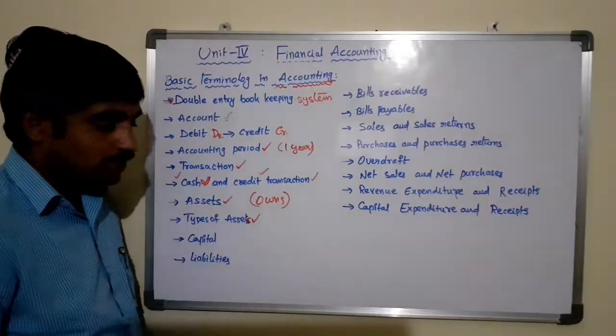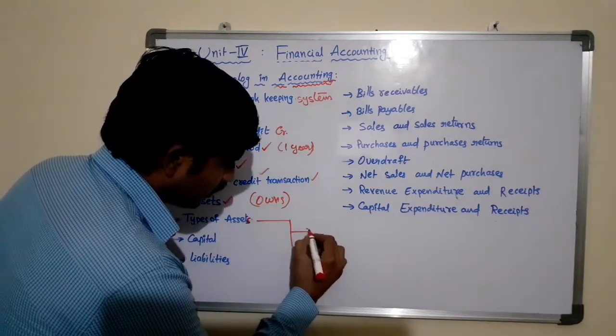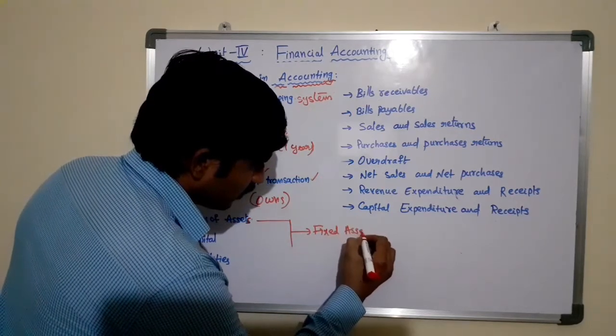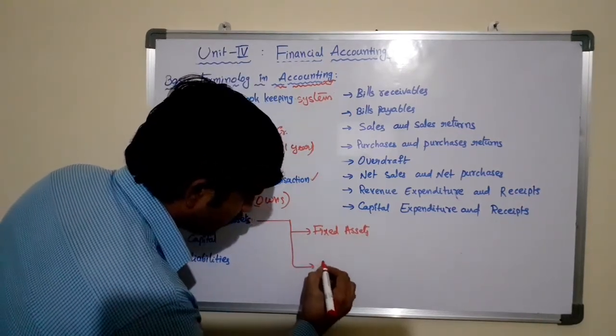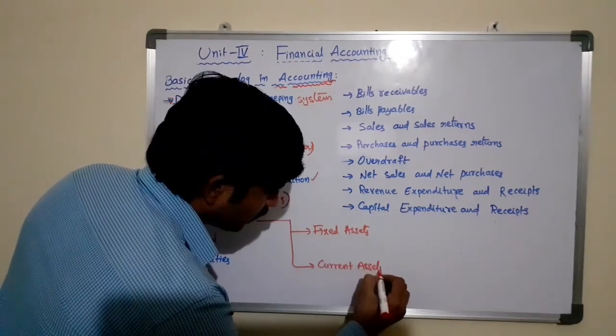Coming to the types of assets, we have two types basically: fixed assets and current assets.